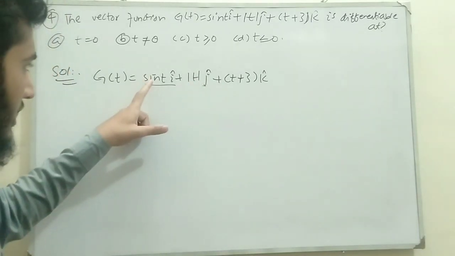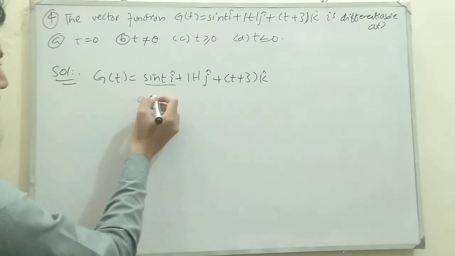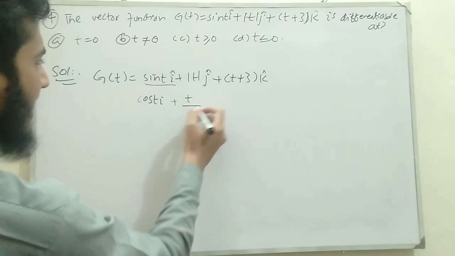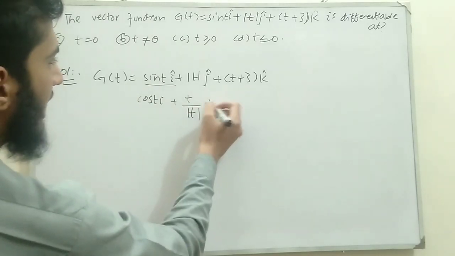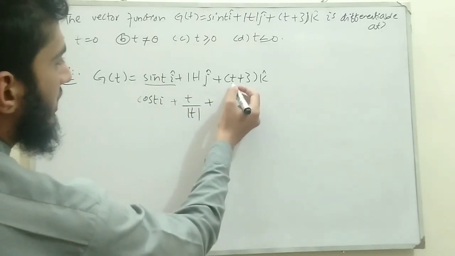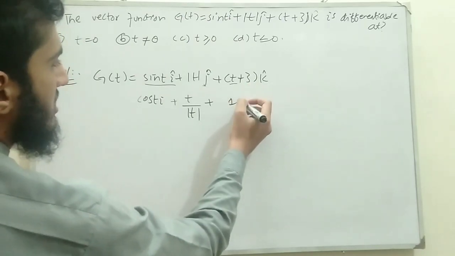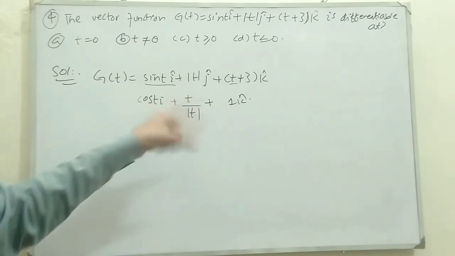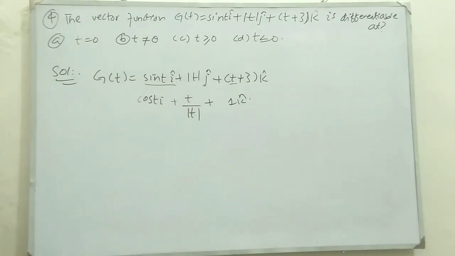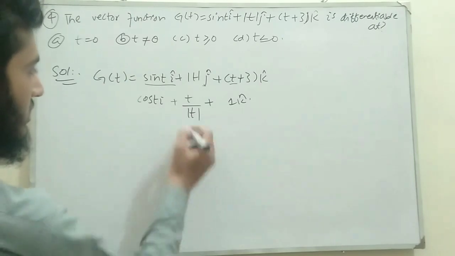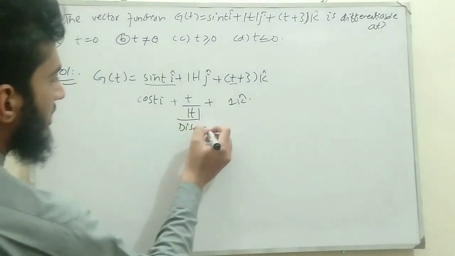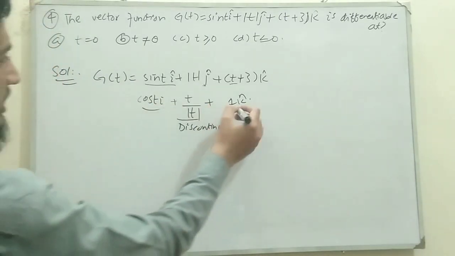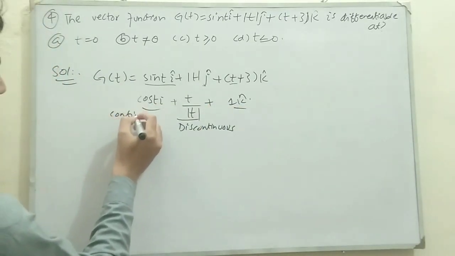Because the derivative of sin t i is cos t times i, while the derivative of the absolute function is the given function divided by its mod. And after this, the derivative of t plus 3 is the derivative of t, which is 1, and the derivative of a constant is 0. So if we put 0 over here, this function will move towards infinity. So this function is discontinuous because it is in fraction form, and these two functions are continuous because they are not in fraction form.